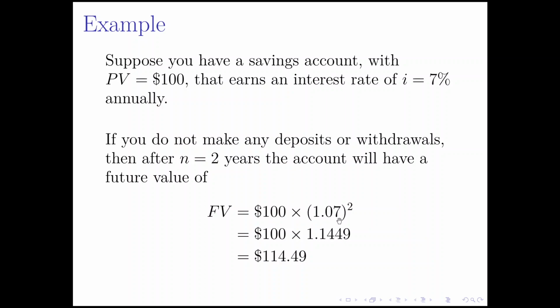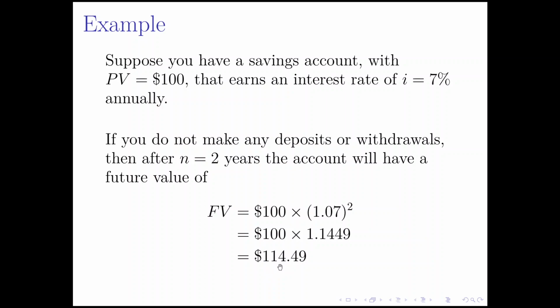All right, well, doing this 1.07 squared, we find that that's 1.1449, right? And doing the multiplication, we find that that's going to yield an account where the value is $114.49.